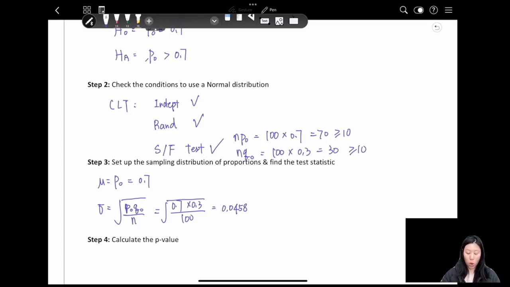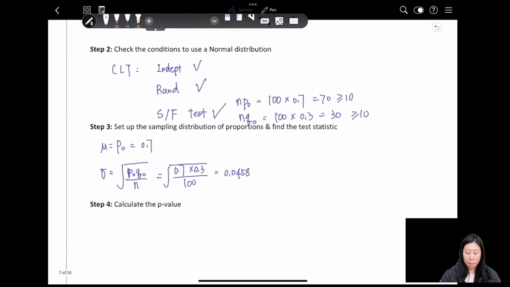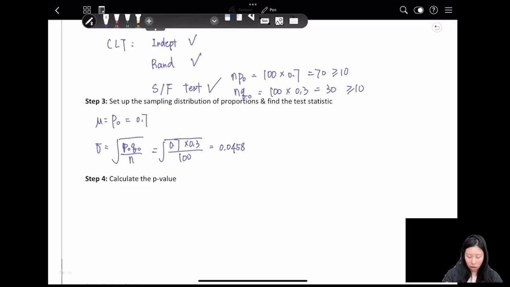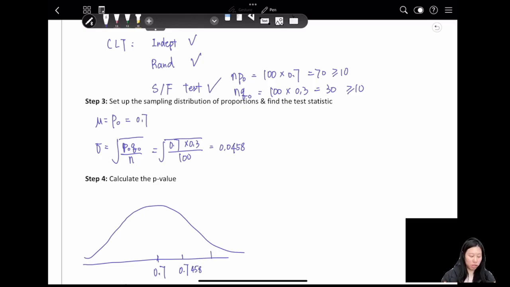Okay, so now let's draw the normal distribution. We have the center at 0.7. One standard deviation is what? We add 0.7 to 0.0458. And then here we add 2 sigma. So just do it by yourself.